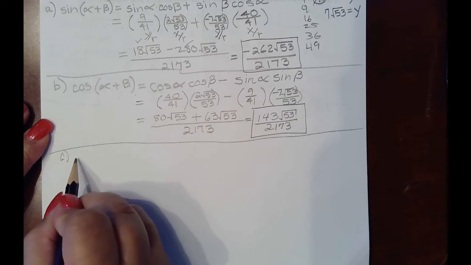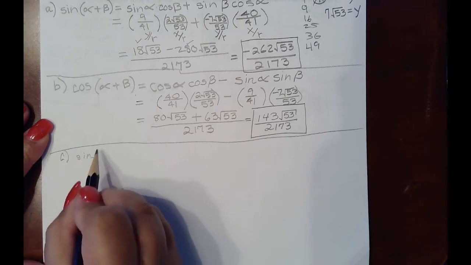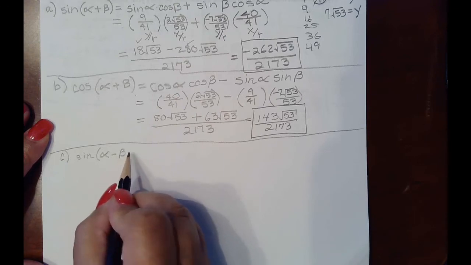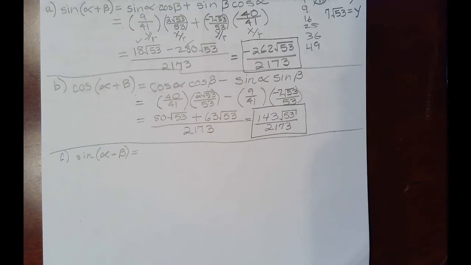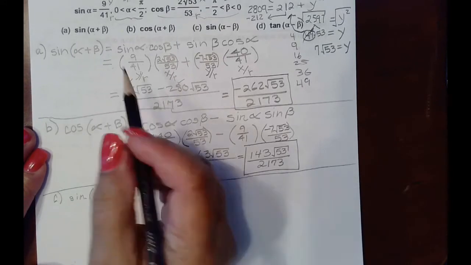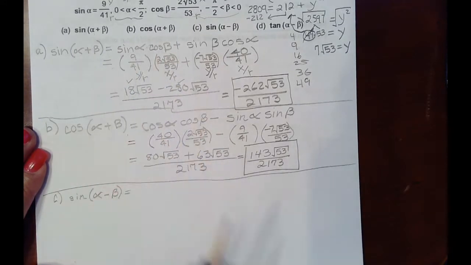C. In part C, we're going to be looking for sine of alpha minus beta. Just like what we did in part A, you have these products in this formula that are part sine, part cosine.